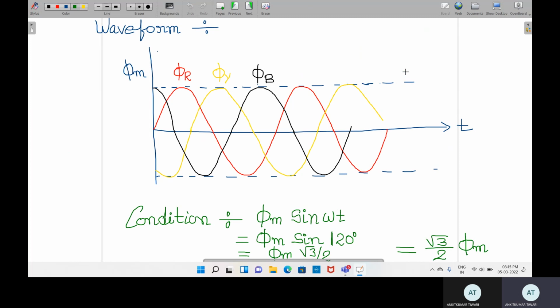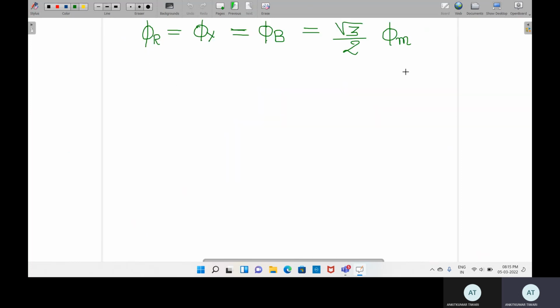Those are in sinusoidal waveforms, so that alternating quantities are at a certain displacement. So we have considered sinusoidal alternating quantities in terms of flux with respect to their displacement, and there is a common displacement of 120 degree. So all fluxes will be represented by the under root 3 by 2. So this will be remembered.